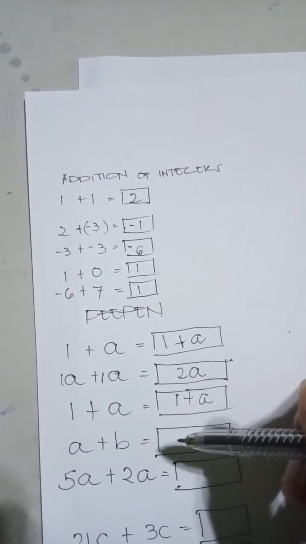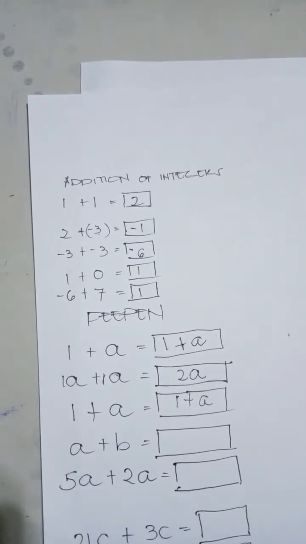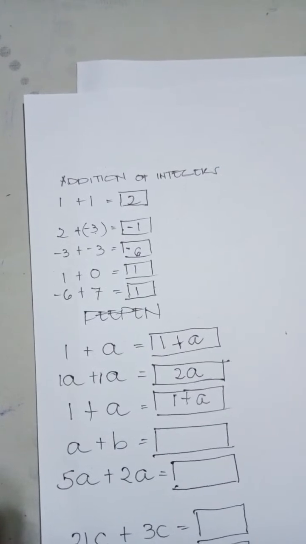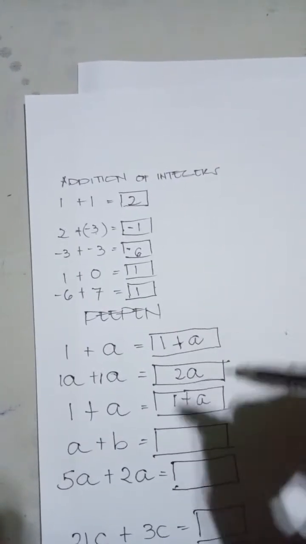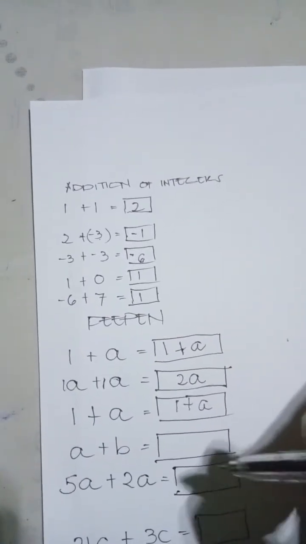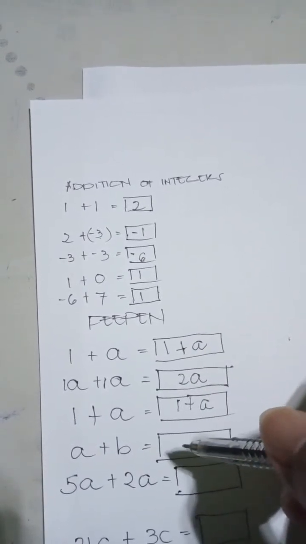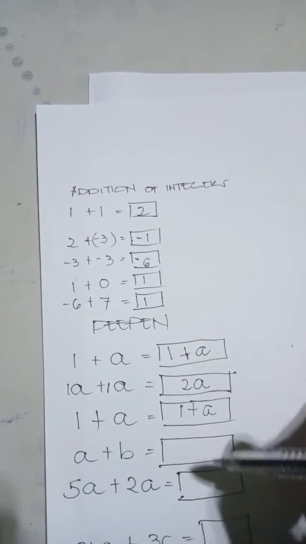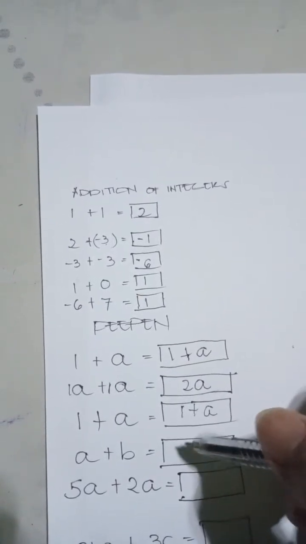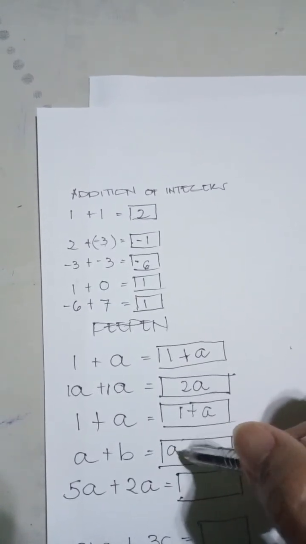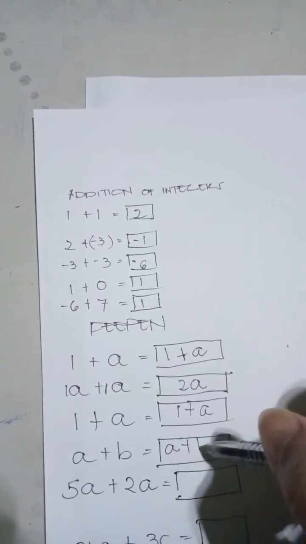Even some professors or mathematicians will tell you that you cannot add this one, but you can have the answer. The answer for a plus b is the same as the problem, a plus b.